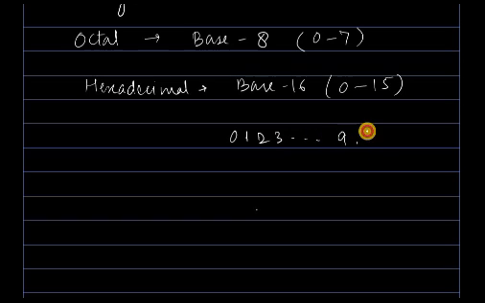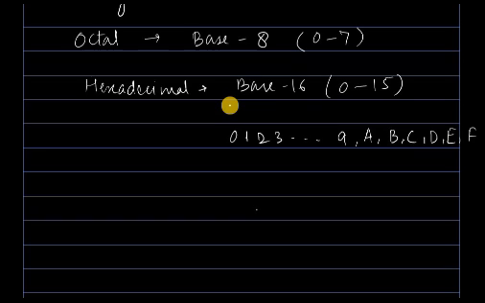After 9, 10 is considered as A, and then B, C, D, E, and F. So these are the members. Now what next do we have to learn? First of all, we must know that there are different number systems, and they can be classified on the basis of the base or the members they have.